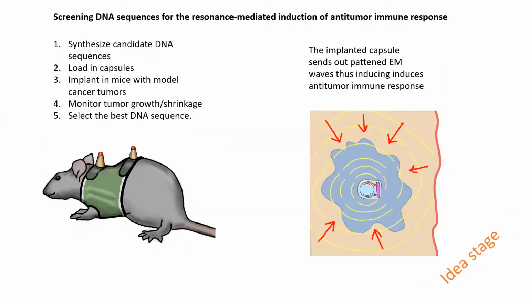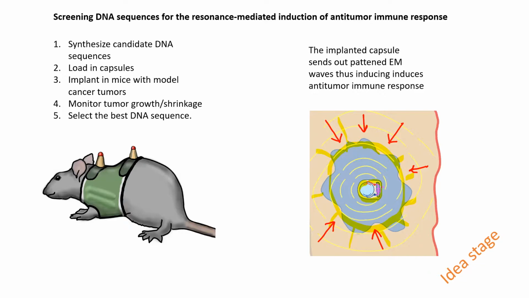In the next application, the idea is that the tumor survives mainly because it is signaling to the outside tissue that it is a useful organ. Usually it pretends to be a fetus and gives away signals that it is a fetus. So the idea is to put here a capsule which would produce waves signaling that it is a tumor and it should be killed.